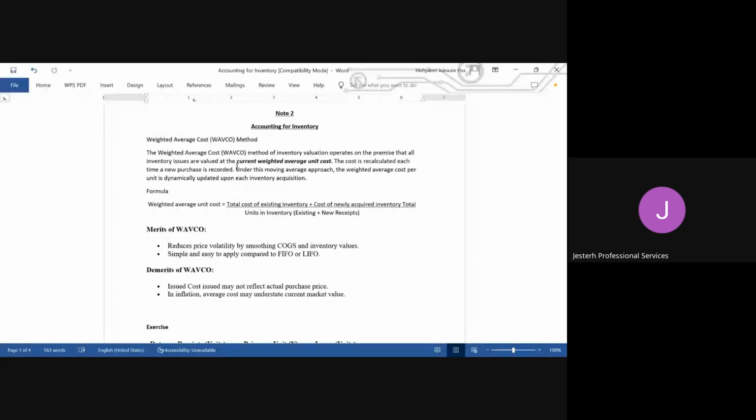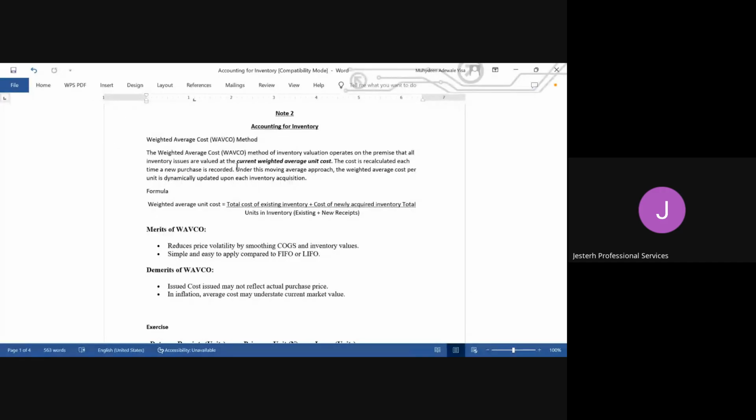This method gives room for where our inventory valuations can be determined when we are issuing the inventory out.